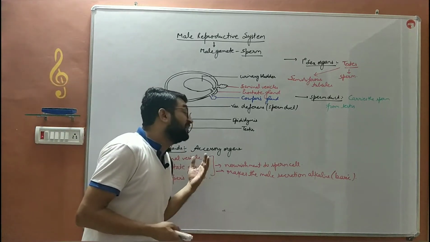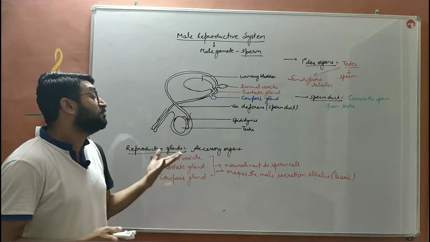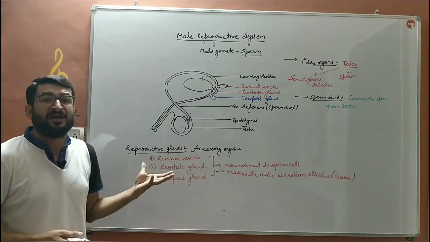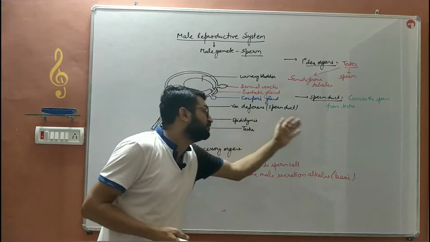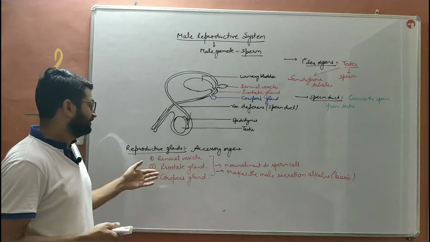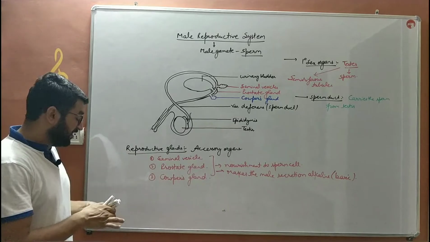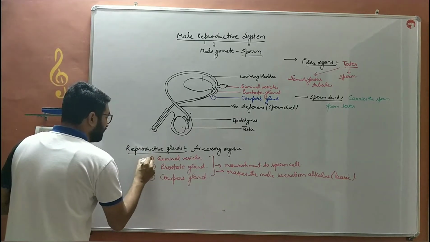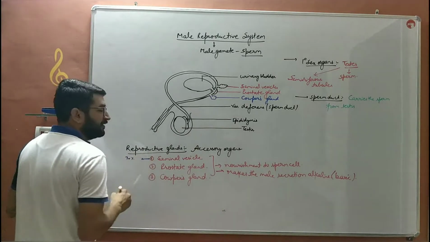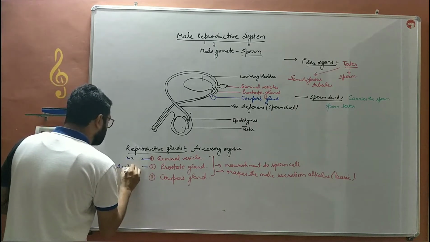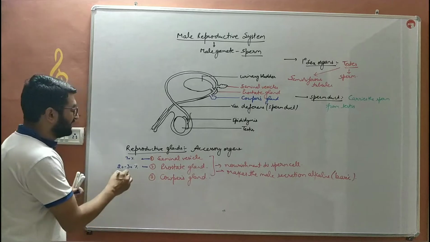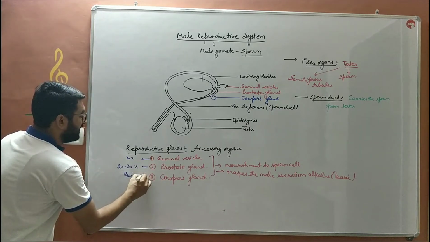These glands release certain material which makes the male secretion alkaline, and they also provide nourishment to the sperm cell. Seminal vesicles release 70% of the total semen secretion. The prostate gland releases 20 to 30% of the total, and the rest is released by the Cowper's gland.